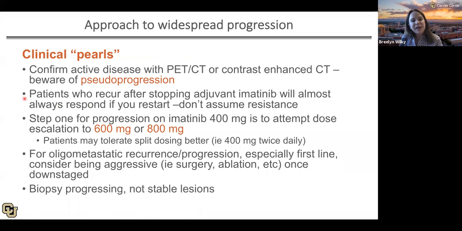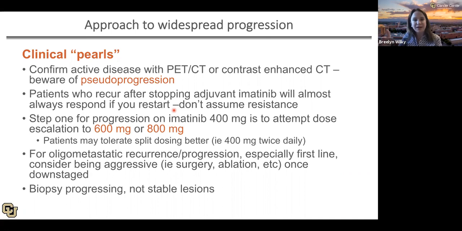The other thing is that patients who recur or develop metastatic disease after stopping adjuvant imatinib, almost always those tumors retain their sensitivity. If they started out exon 11 and you stop the adjuvant imatinib and then it comes back, most of the time you've removed the main pressure for that disease, and you don't need to assume that disease is going to be resistant just because it didn't die with imatinib.